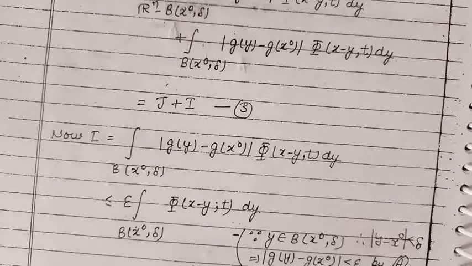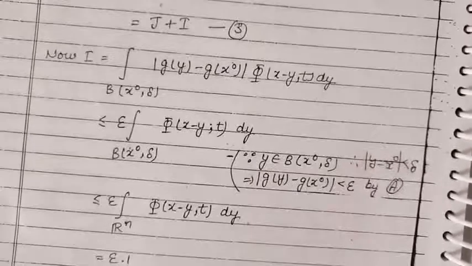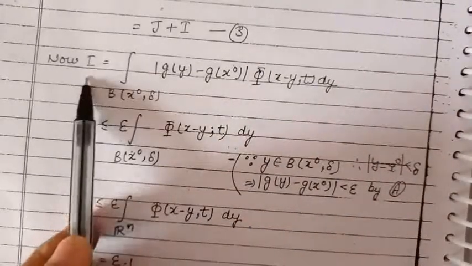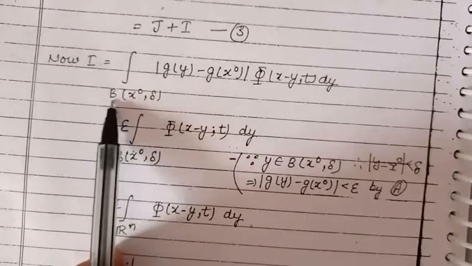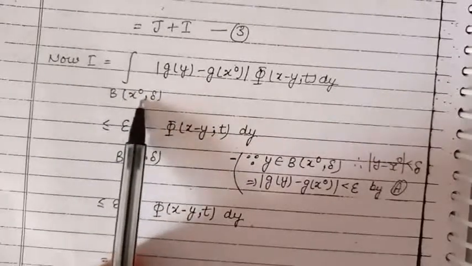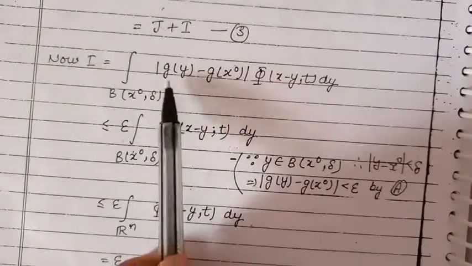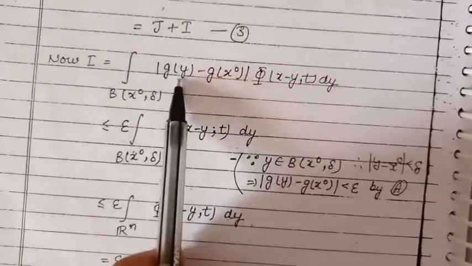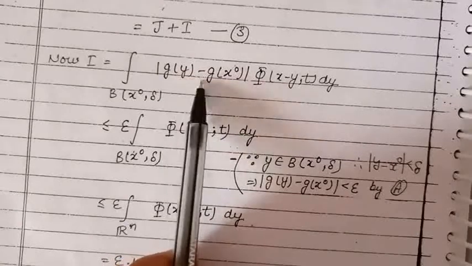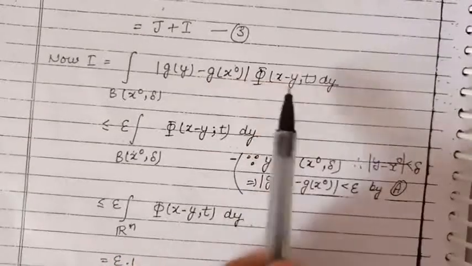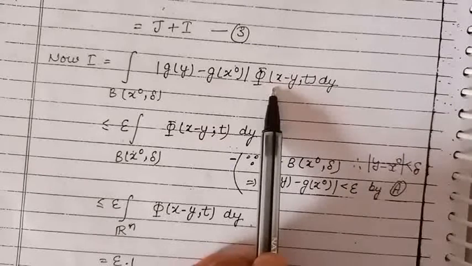So first of all, let us consider the integral which we have denoted by I. Now I is the integral over the ball with center x naught and radius delta, and the integrand is mod of g at y minus g at x naught into the function phi.